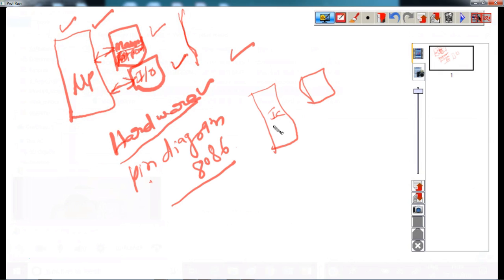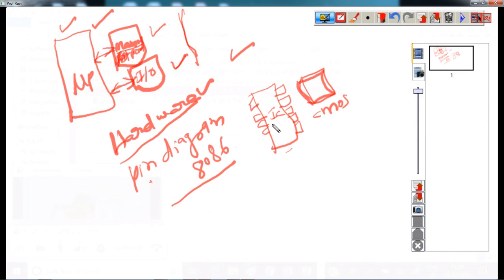This can be of HMOS or CMOS, it can be based on TTL logic, and this can be another logic. When you design a system, you need to know each and every function of these pins so that you can connect.